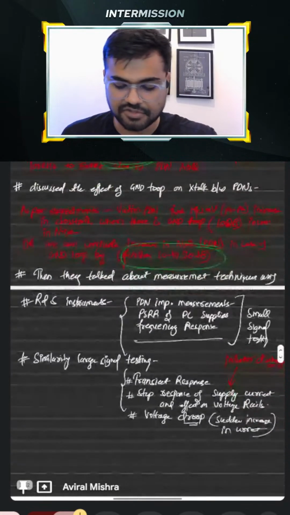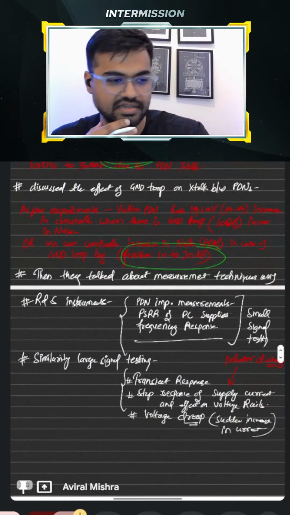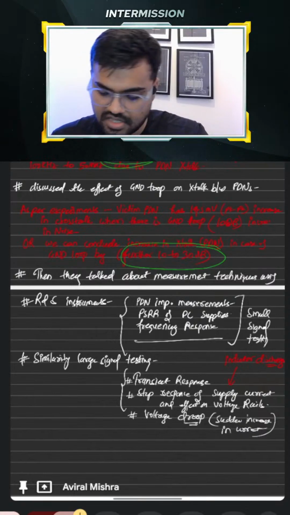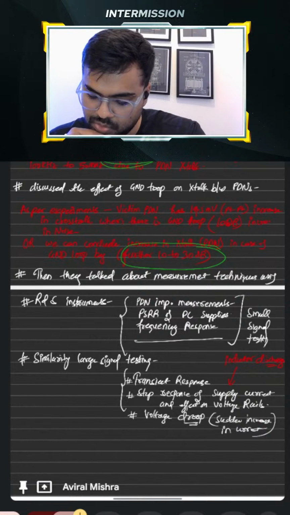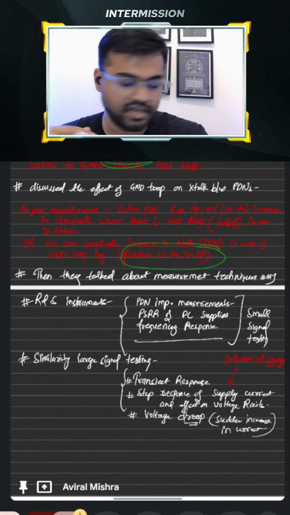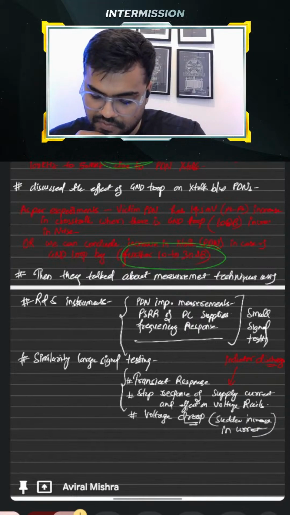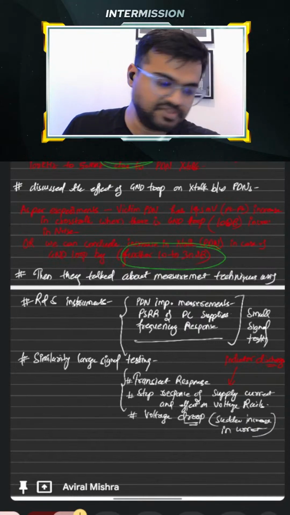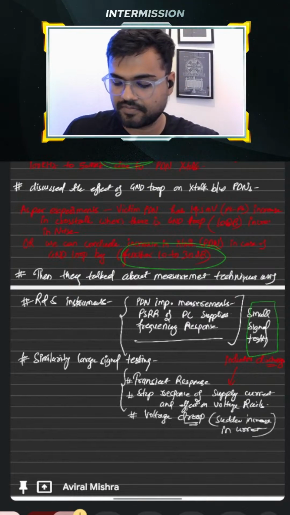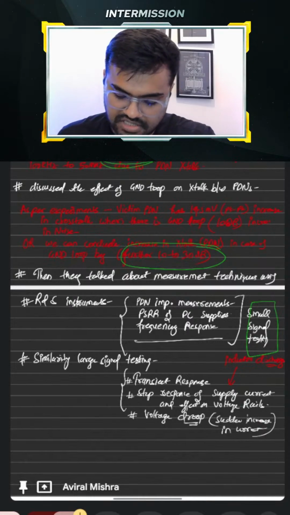Apart from that, they've also talked about how you can measure that, do the analysis and find these things. They mentioned two types of measurements we can perform to identify power integrity. I don't know if they named it or it is a general term, but one was small signal testing, and the other was large signal testing.